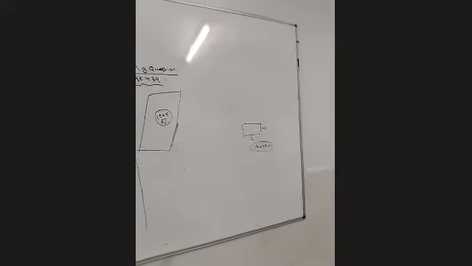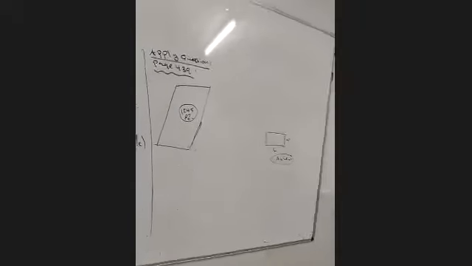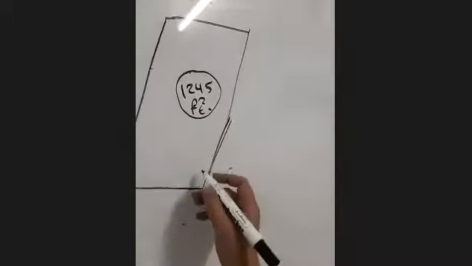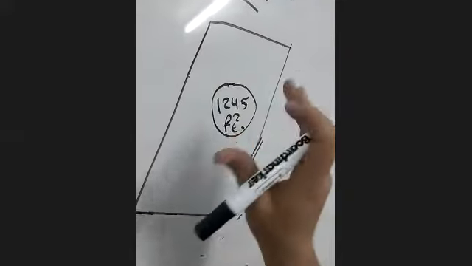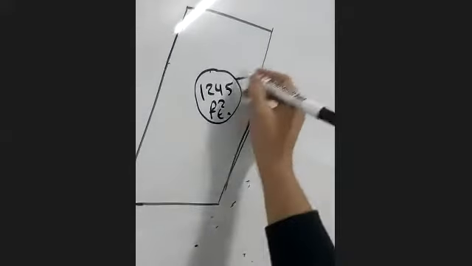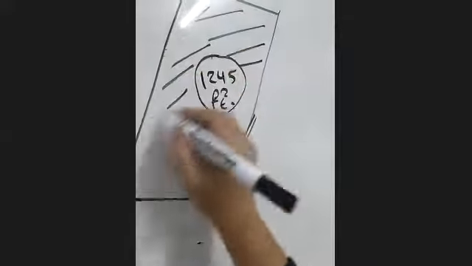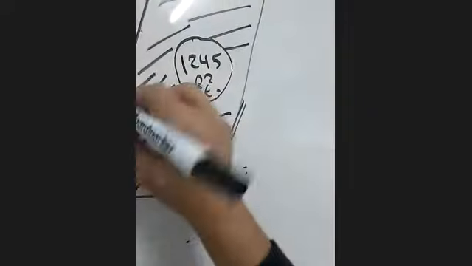The remaining space will need to be covered with grass seed. The remaining means without the water. We have the garden, and here inside we have the water. Without the water, they want to cover it with what? With grass seed.